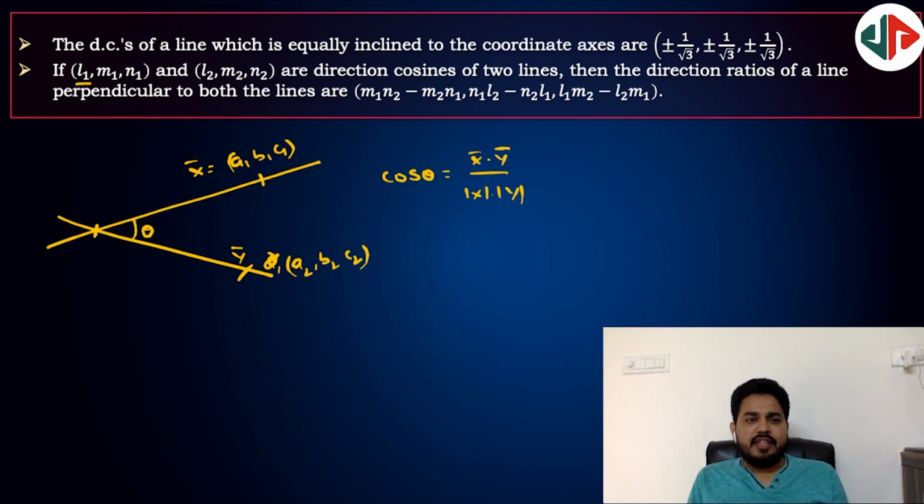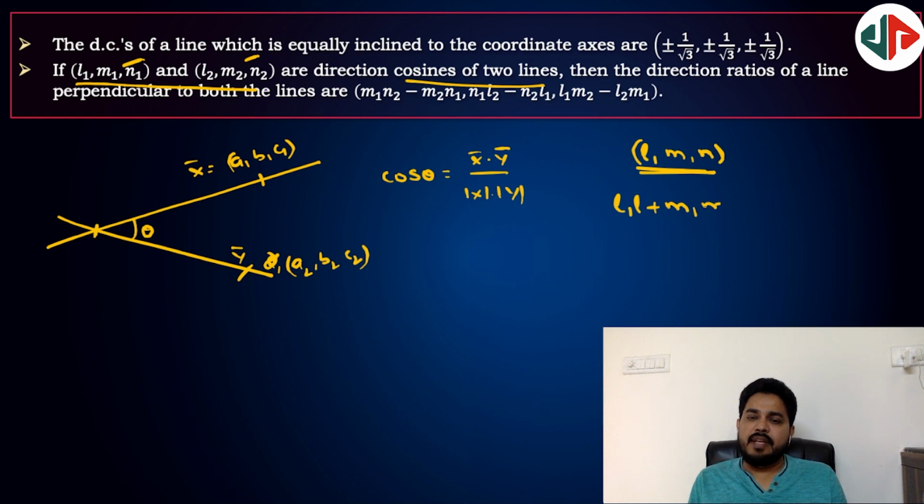Now these two lines have directional cosines. For the directional ratios of a line perpendicular to these two, let L, M, N be the DCs of a line which is perpendicular to these. So L1 L plus M1 M plus N1 N is equal to 0. Similarly, L2 L plus M2 M plus N2 N is equal to 0. So what is this L, M, N?